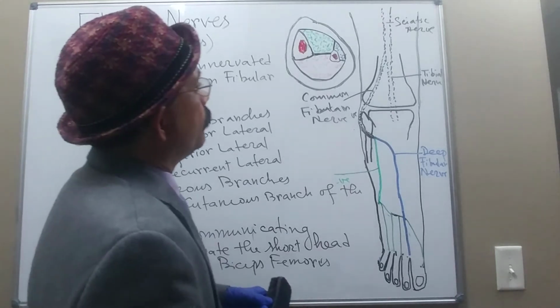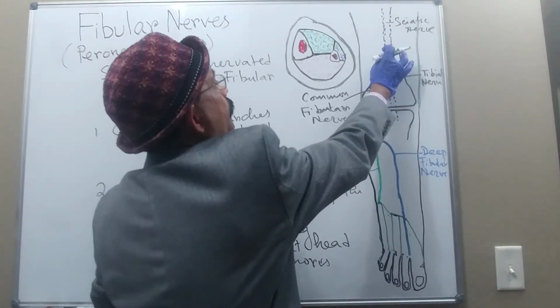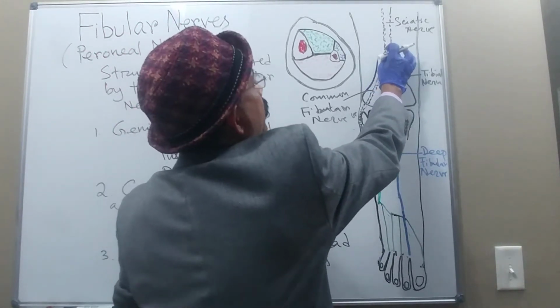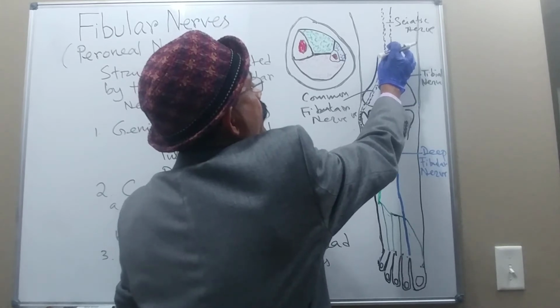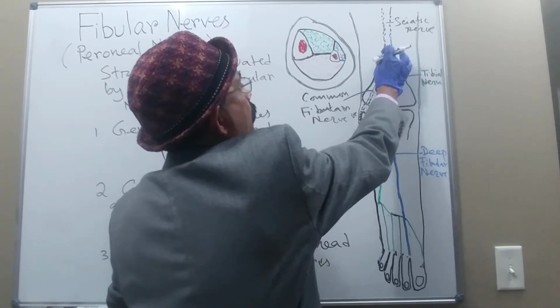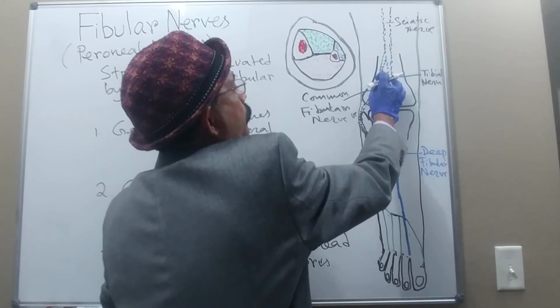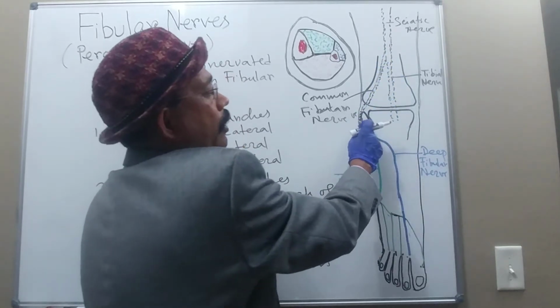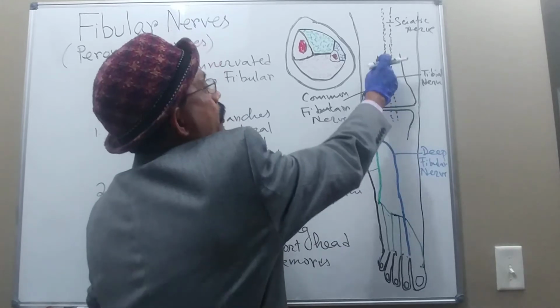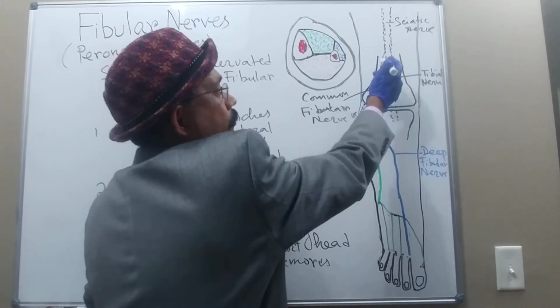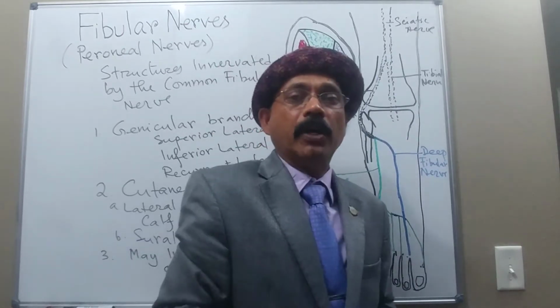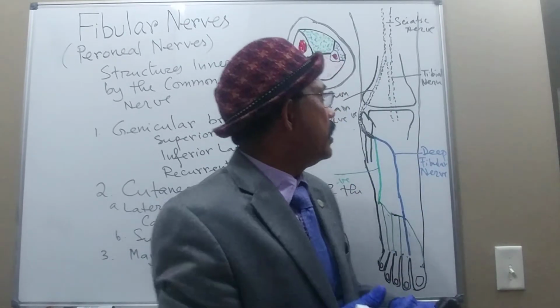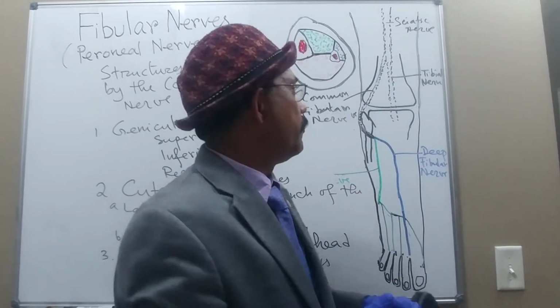So common fibular nerve is this part from here. This is the apex of the popliteal fossa or superior angle of the popliteal fossa, and the common fibular nerve passes laterally towards the head of the fibula, and follows the medial margin of the biceps femoris muscle.